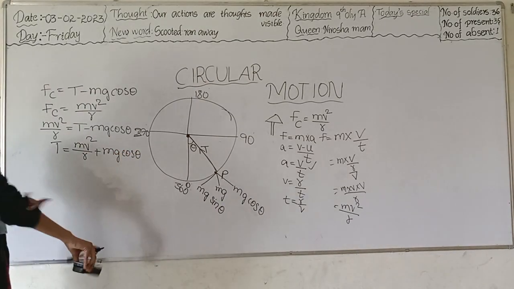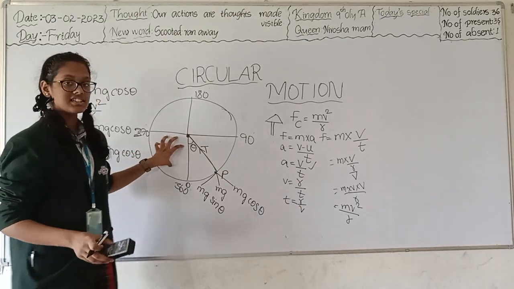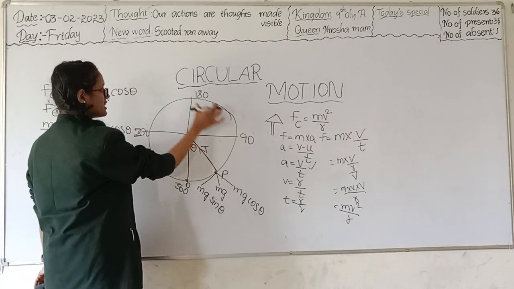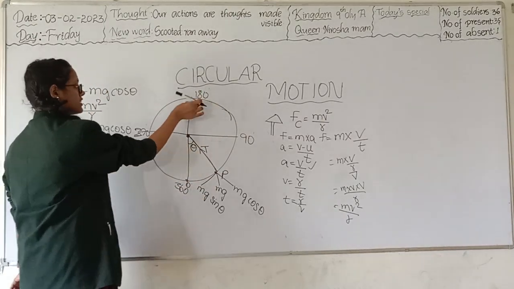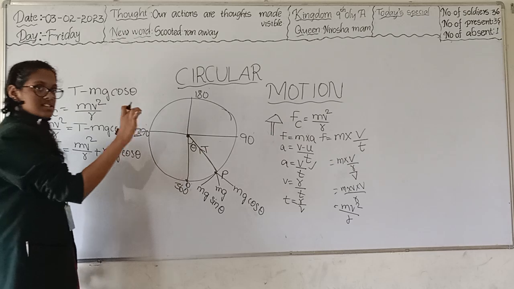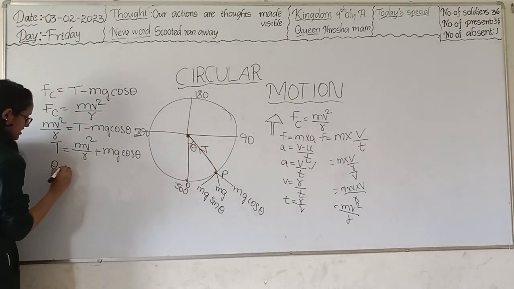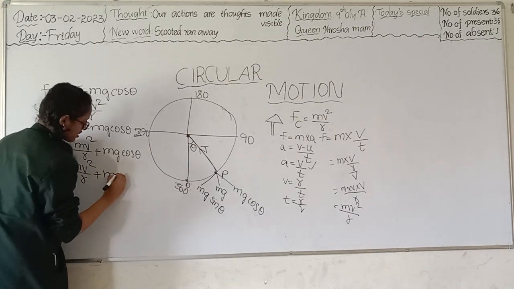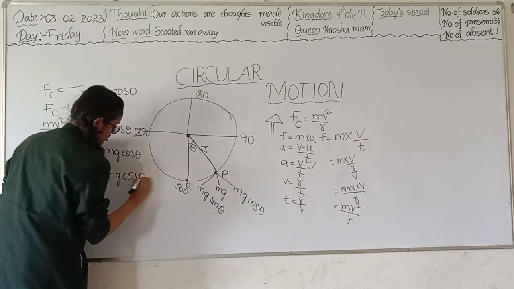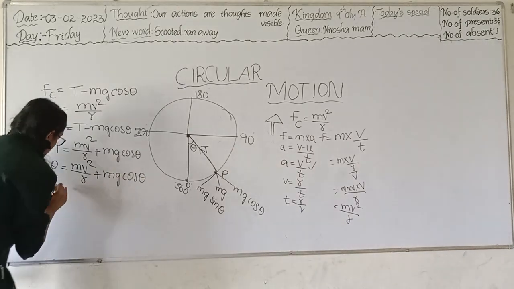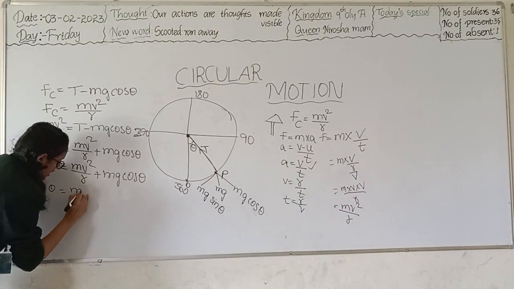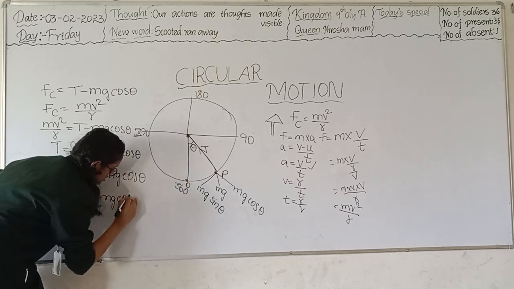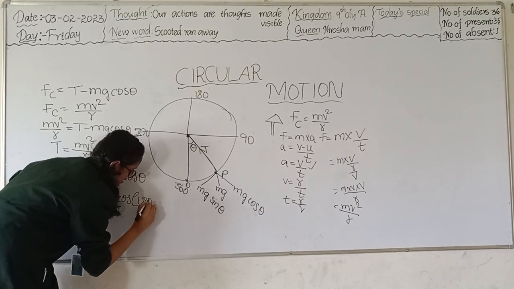We already discussed that. Now the topic we are discussing is the velocity needed for an object to come until the highest point. We also discussed that at the highest point tension is 0. So 0 is equal to mv square by r plus mg cos theta, where theta is 180 degrees.